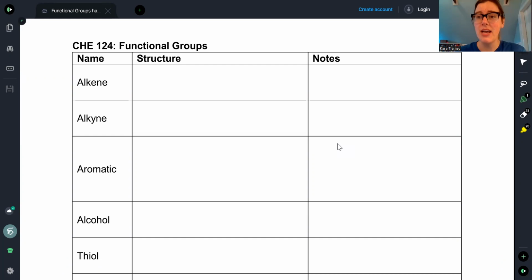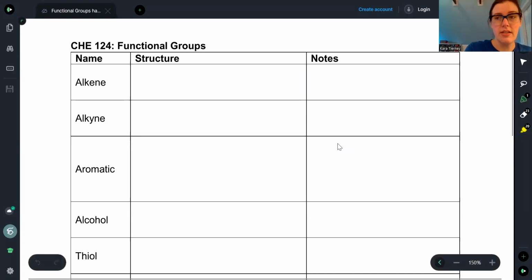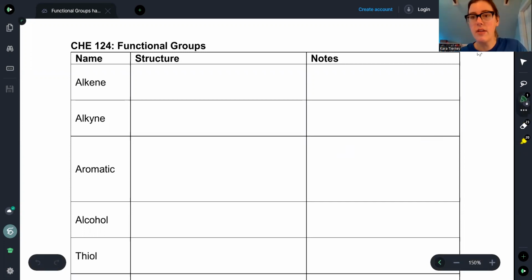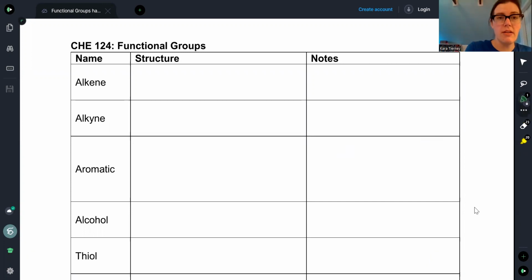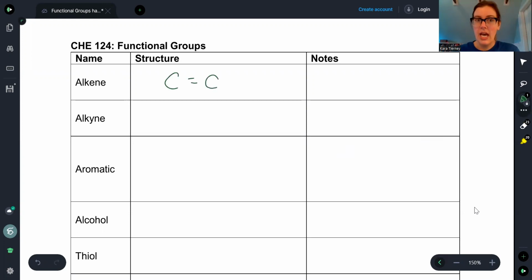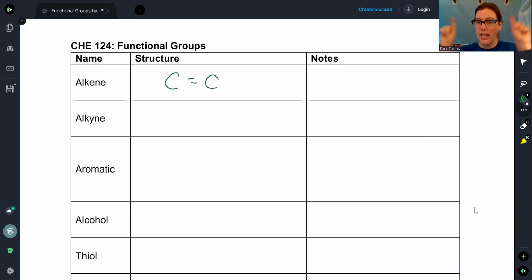So let's get started. An alkene is simply a carbon-carbon double bond. So the structure is going to look like this. Oh, let me get my pen going on here. There we go. All right, so we've got a carbon double bonded to a carbon. And we're going to be putting lines going off, and those can be any sort of atoms.